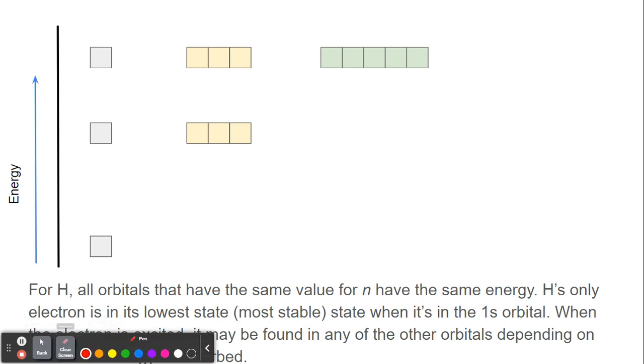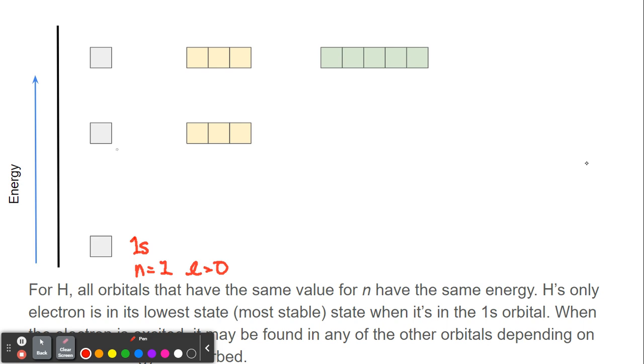Let's take a look. Remember everything we learned in the last lesson. This first little box is meant to represent the 1s orbital. That means that n is equal to 1 and l is equal to 0 here. The 1s.